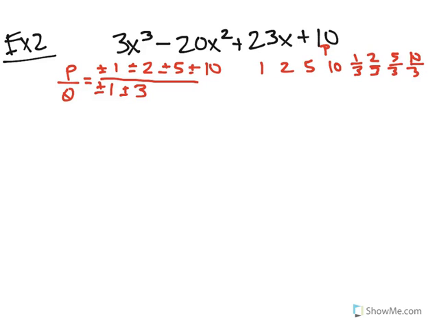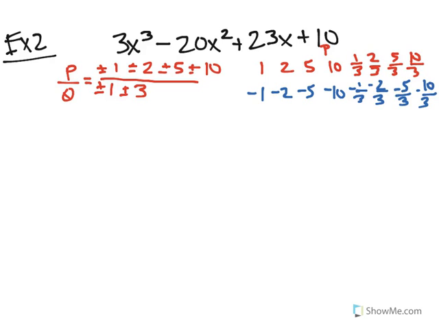Now I also have the negative versions of that. So I have -1, -2, -5, -10, -1/3, -2/3, -5/3, and -10/3. So I have potentially 16 solutions to check for.